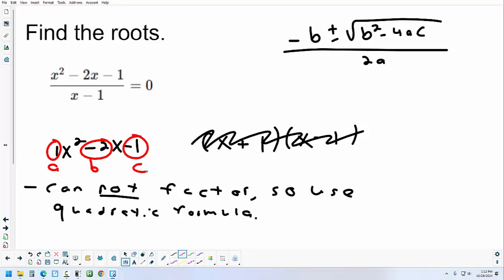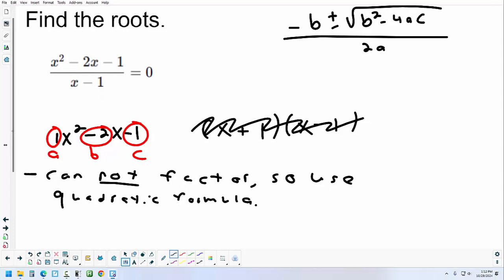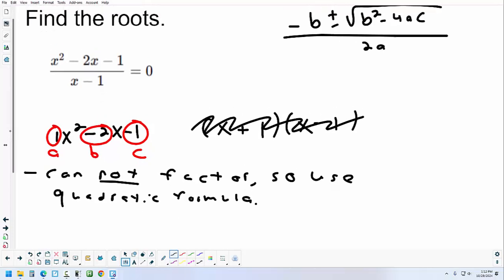A is the number in front of x squared, b is the number in front of x, and c is the constant at the end. Okay, so let's fill that into our formula. What's the first thing I would write down? What's negative b?